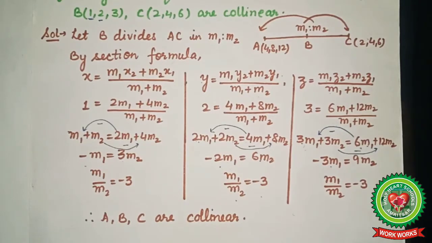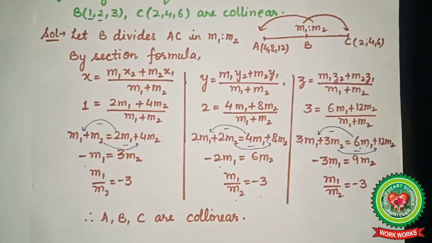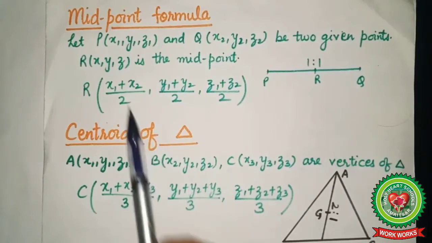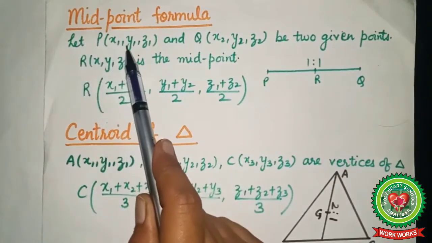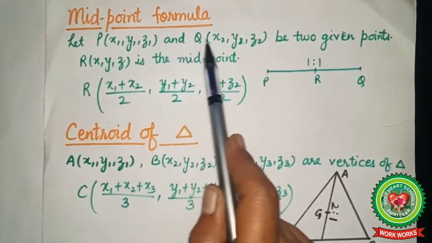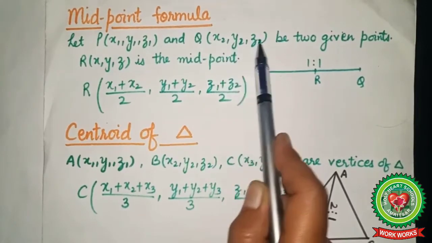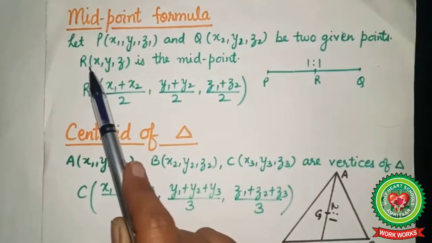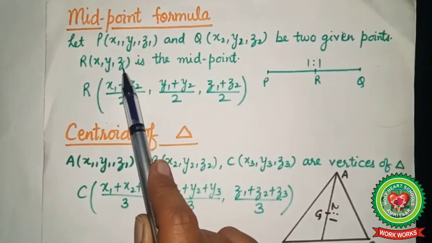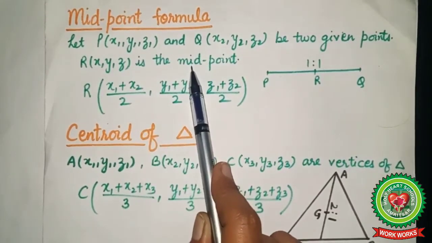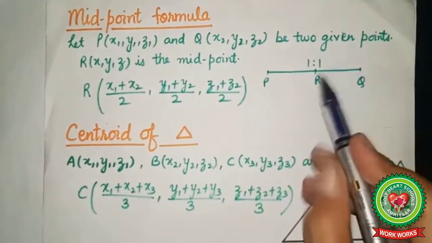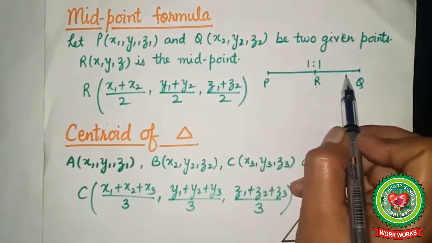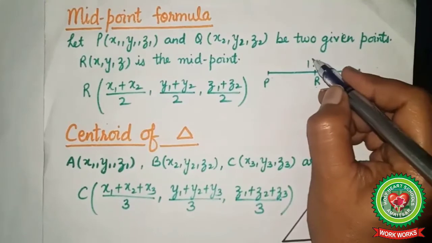Now let's discuss the midpoint formula and the centroid of a triangle. Let P (x1, y1, z1) and Q (x2, y2, z2) be the two given points, and let R (x, y, z) be the midpoint of P and Q. So R divides in the ratio 1:1.